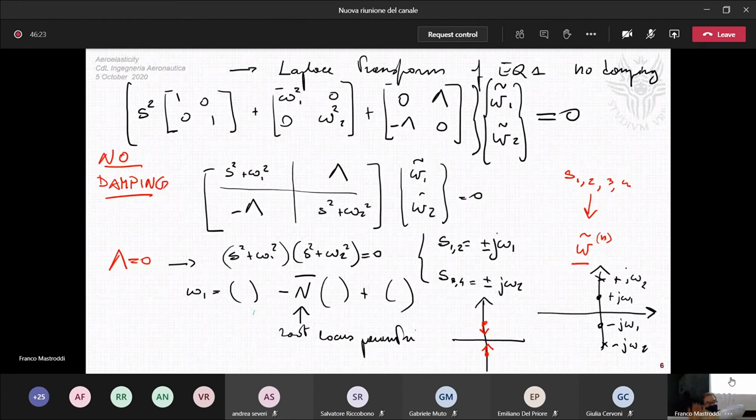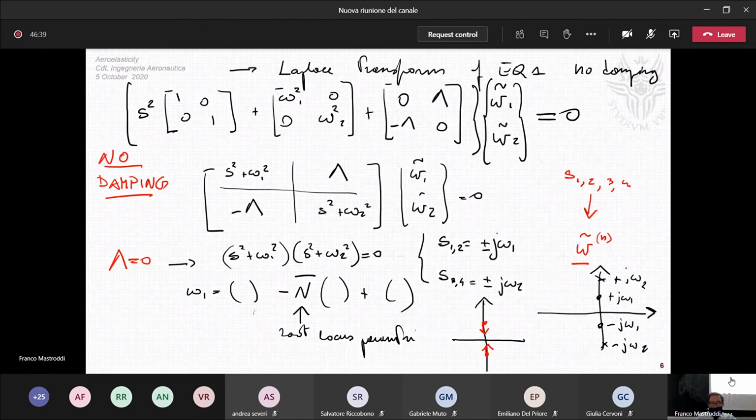Take this story and put this apart. Now we want to study not the dependence on N, we want to study the dependence on lambda, which is another story.